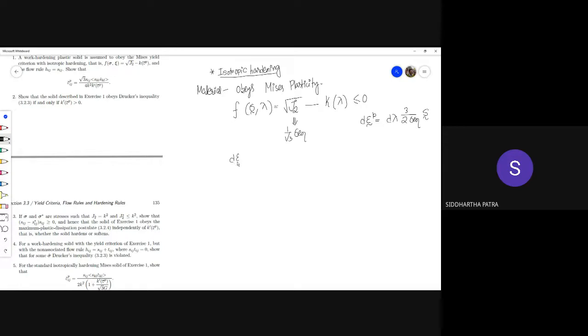So d epsilon plastic is square root of 3 times S, the deviatoric stress, divided by 4 k squared k prime. Now k prime is your dk d lambda.